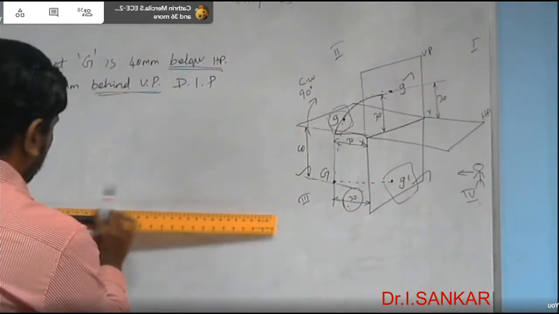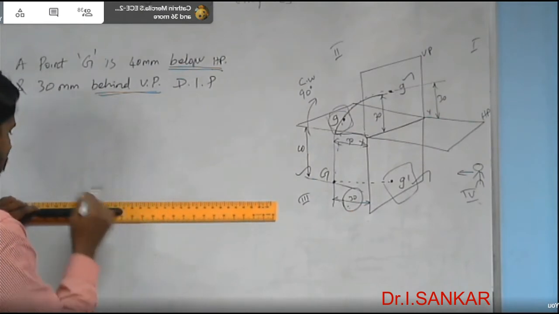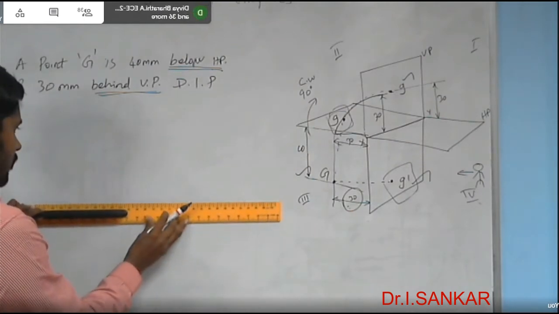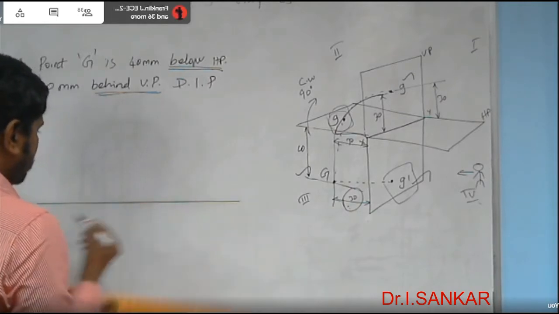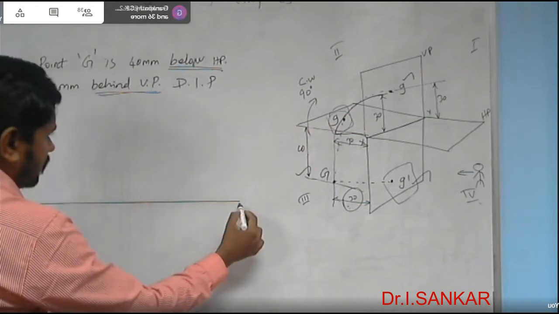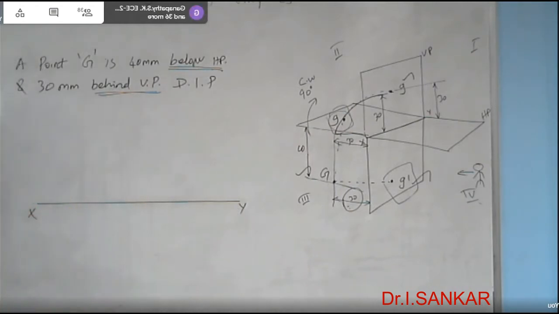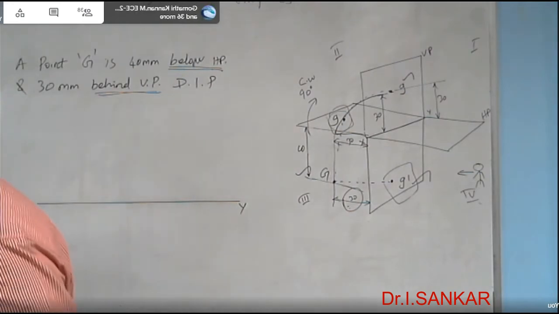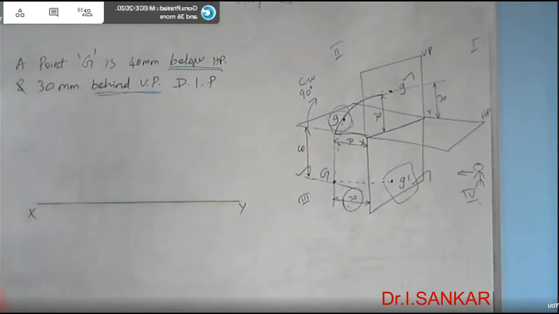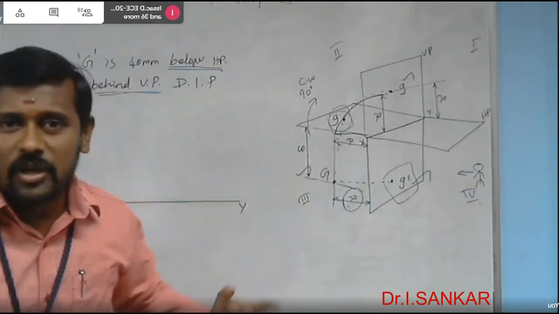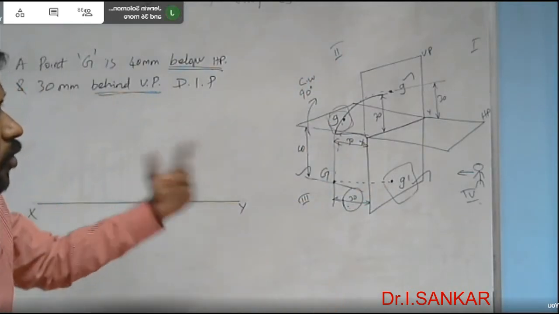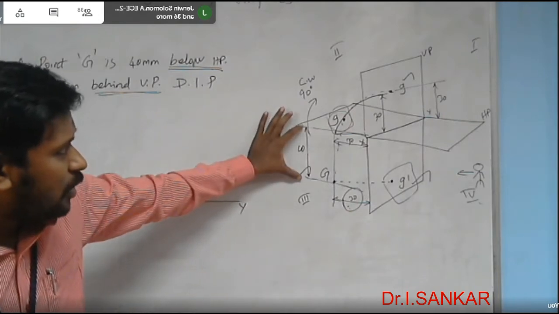For that, first we have to draw the XY line. And then starting from the front view, where actually the front view is, here it is G dash. Is it below XY or above XY? Below XY. How much below XY? 40 mm below XY.